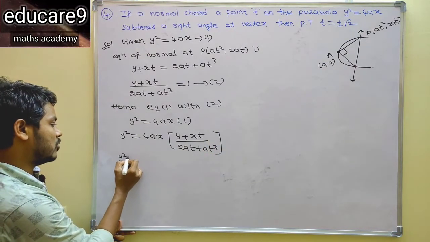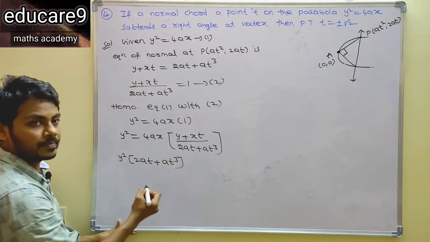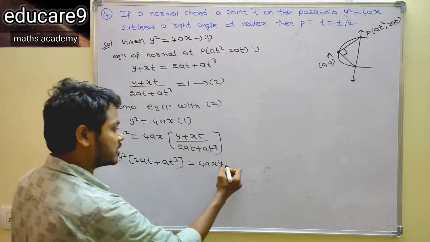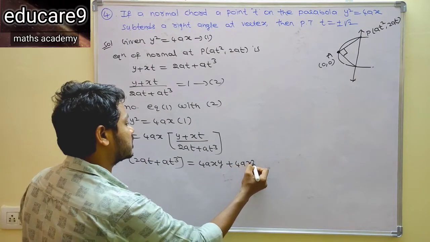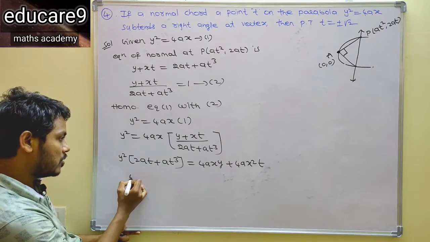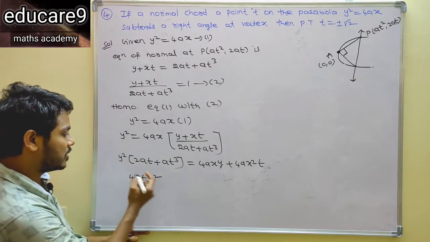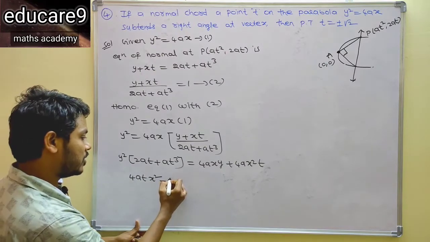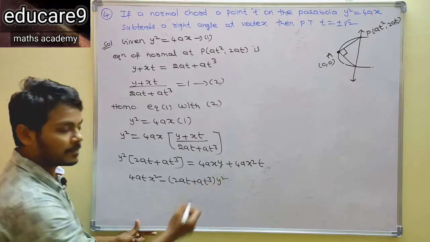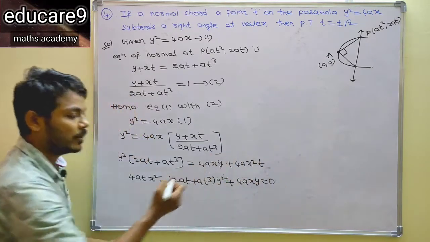So what you get? y square into 2at plus at cube is equal to 4axy plus 4ax square t. Now again this is 4atx square. Next write this one: minus of 2at plus at cube y square plus 4axy is equal to 0.